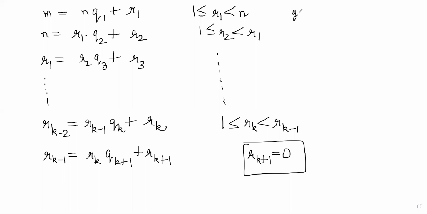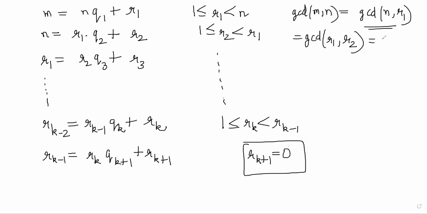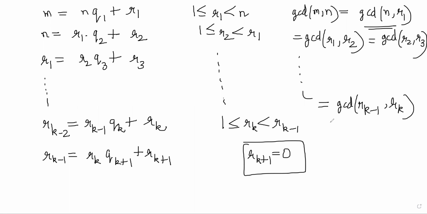Now what we will say here, from the first step, we can say that GCD of m and n is equal to GCD of n and r1, actually, because we labeled it as r1, and that GCD of n and r1 will be equal to GCD of r1 and r2, which will be equal to GCD of r2 and r3, and so on. This chain continues till we get equal to GCD of rk minus 1 comma rk, right? And here, since in this step we got Rk plus 1 is 0, what this means is Rk minus 1 is divisible by Rk, right?